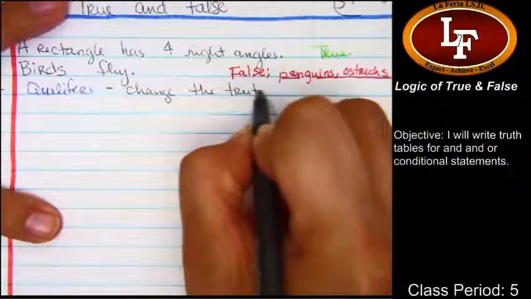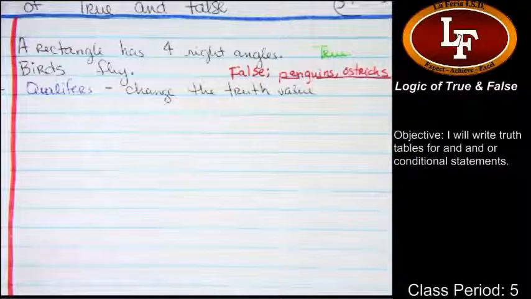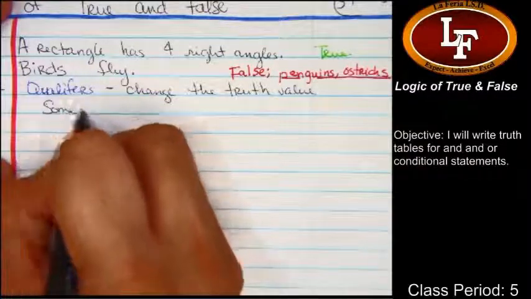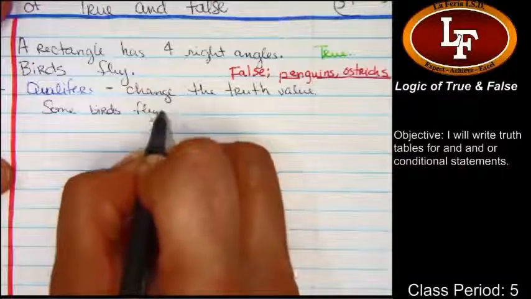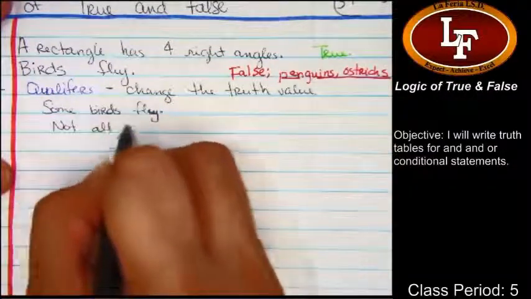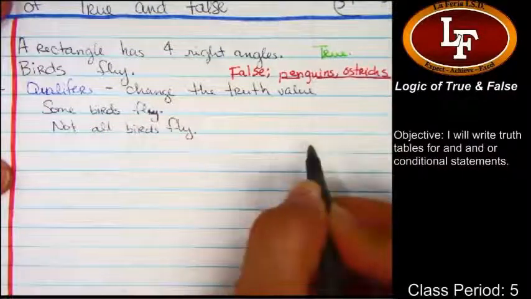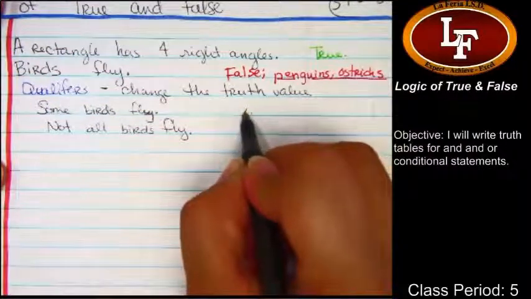So qualifiers change the truth value. One of the ones that I heard was "some birds fly." Another one was "not all birds fly," right?